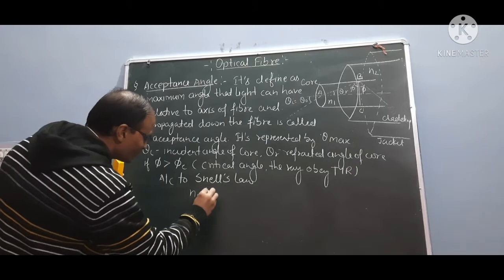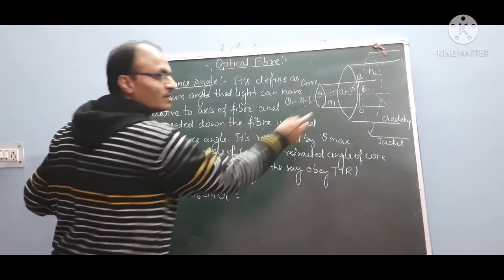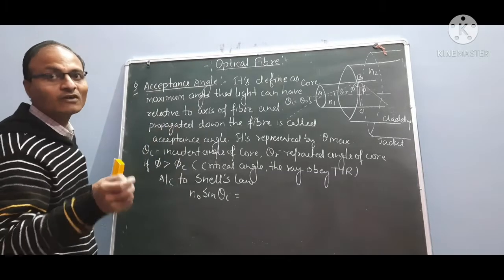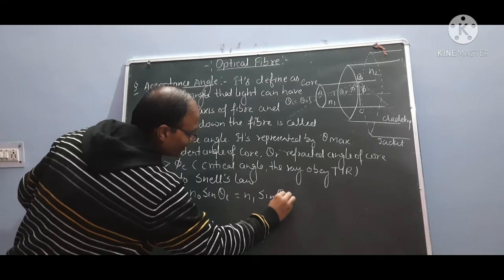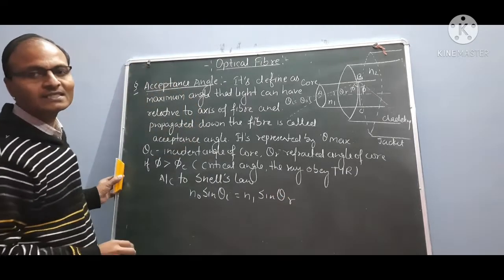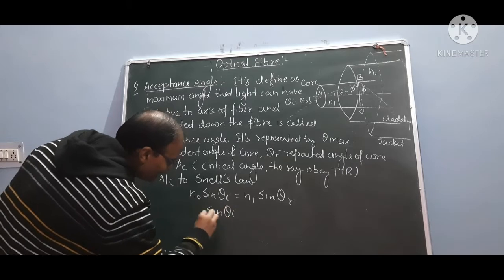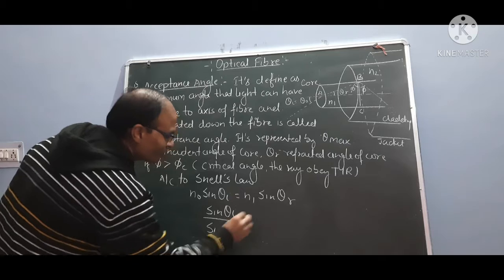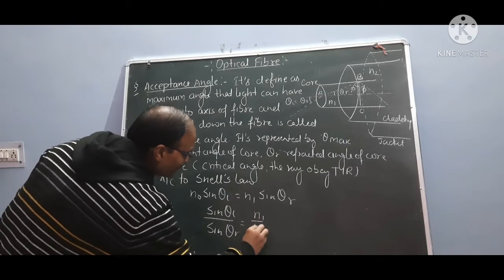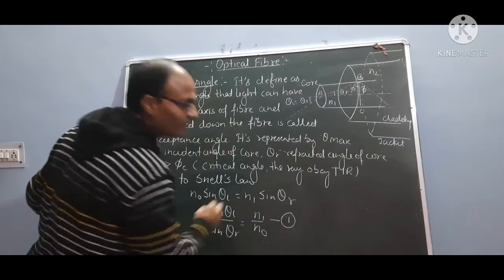N naught sin theta I equals N1 sin theta R, where N1 is the refractive index of core. This is Snell's law. So sin theta I upon sin theta R equals N1 upon N0. This one is equation number 1.